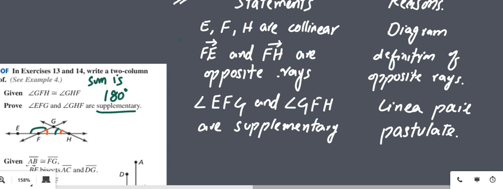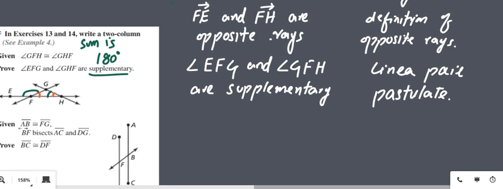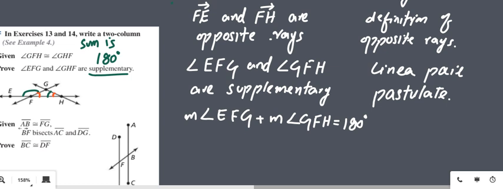If they are supplementary angles, that means their sum is 180 degrees, right? So I can say that measure angle EFG plus measure angle GFH is equal to 180 degrees by the definition of supplementary.